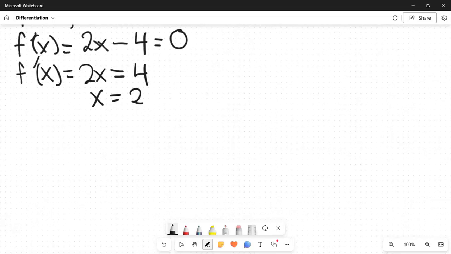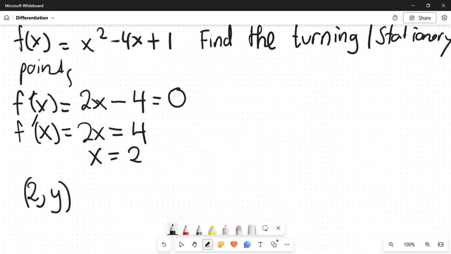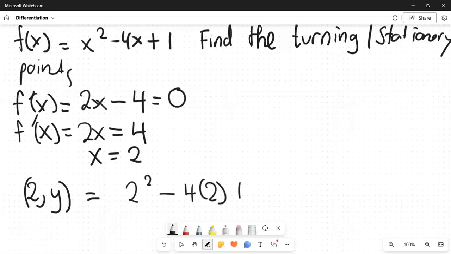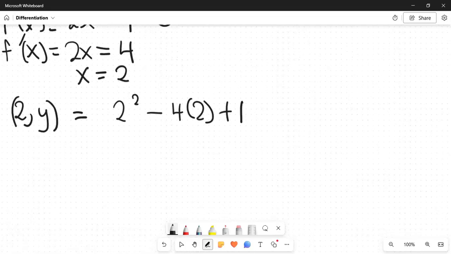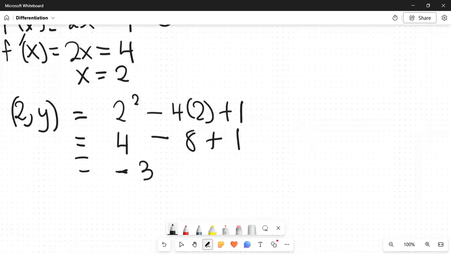Now, if you're told to find the y value, we substitute this 2 into our original equation right here. So it will be 2 squared minus 4 times 2 plus 1. 2 squared is 4 minus 8 plus 1, and our y value is equal to negative 3.